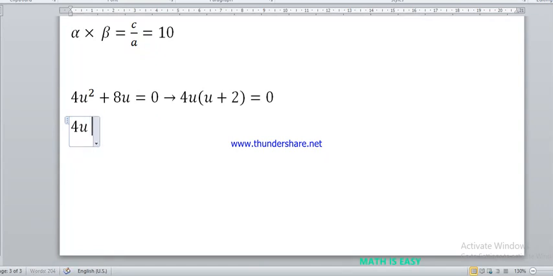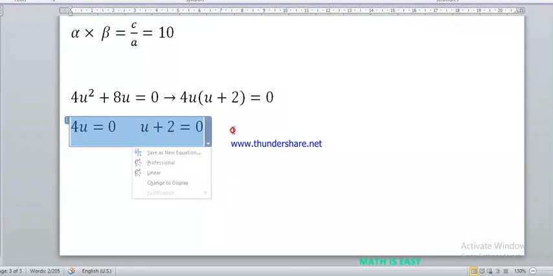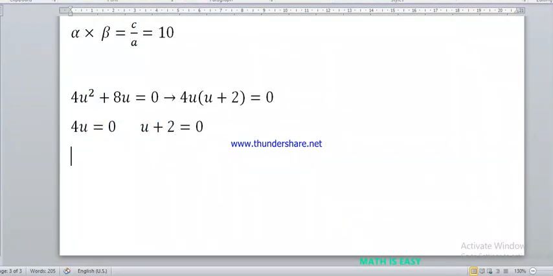One is 4u equals 0. Second case is u plus 2 equals 0. So in these two cases, one value of u will remain 0 only, and another value of u will be minus 2. So alpha value is 0 and beta value is minus 2.